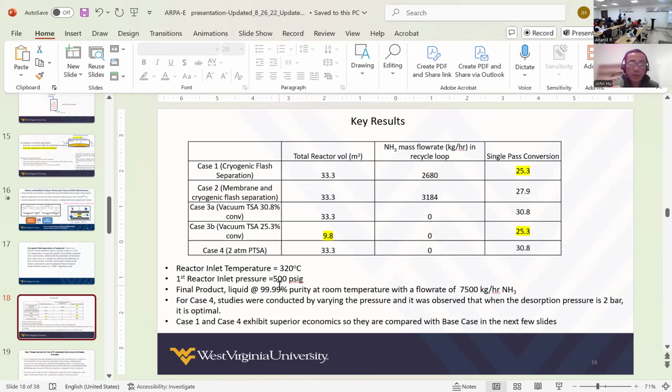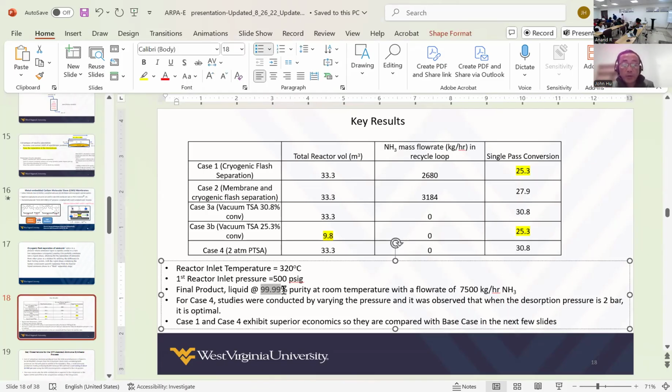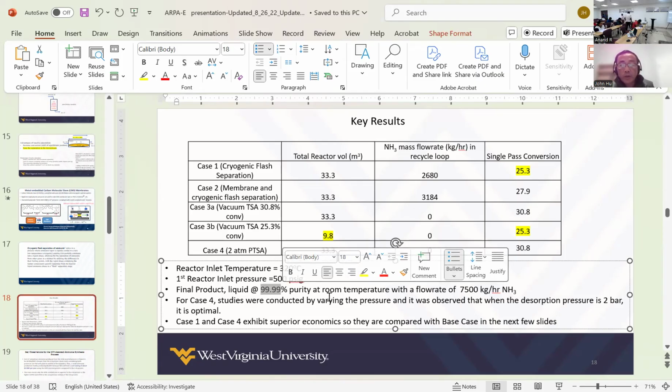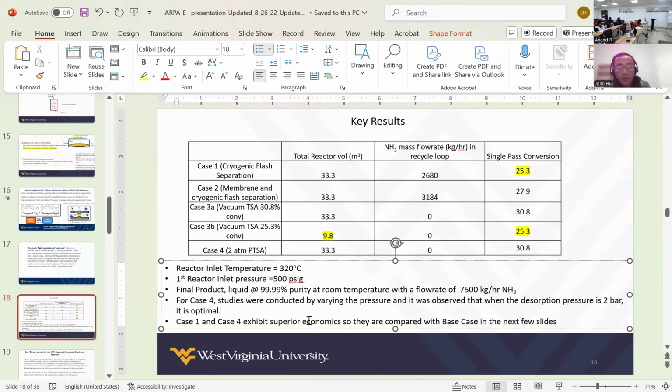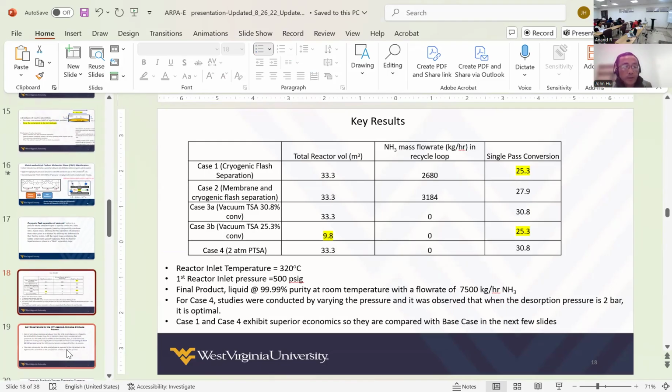They don't care about the ammonia. They just sell fertilizer. But if you sell as ammonia 99.99, which is high quality ammonia, you have to do a lot of simulation. Then we have the flow rate of ammonia in there.